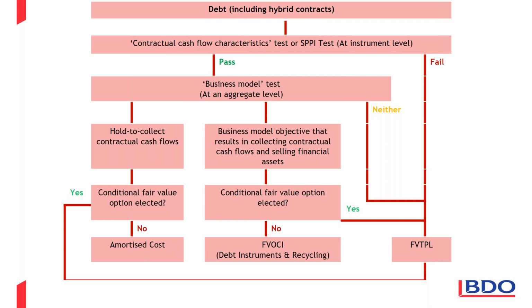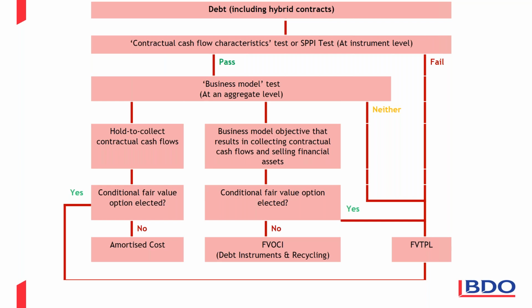Now, if your business model is to hold to collect until you receive your contractual cash flows, that's right on the left of the slide, and you're not going to use the conditional fair value option, then you are allowed to use amortized cost. However, if your business model is a mixture of collecting contractual cash flows and selling financial assets, and you also reject the conditional fair value option, then you'll use fair value through OCI, but in this instance, recycling would be allowed.